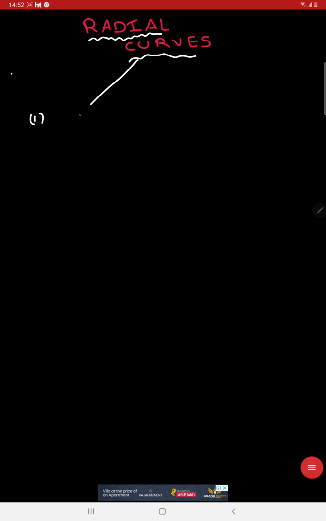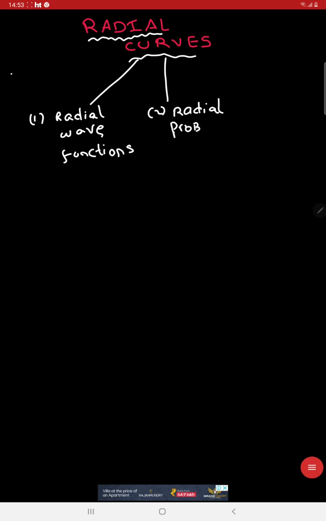First one is radial wave functions. Hope the handwriting is legible. Second one is radial probability density curves.